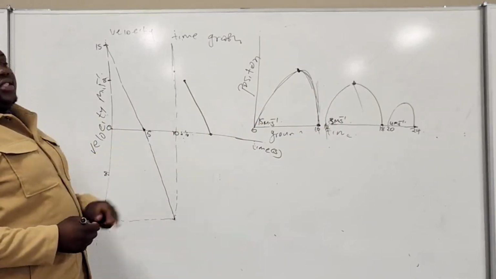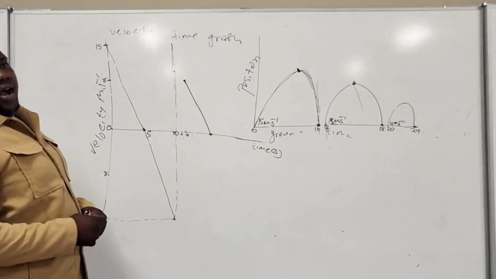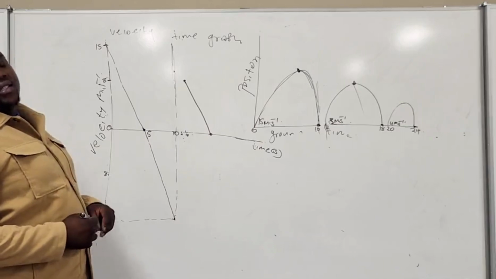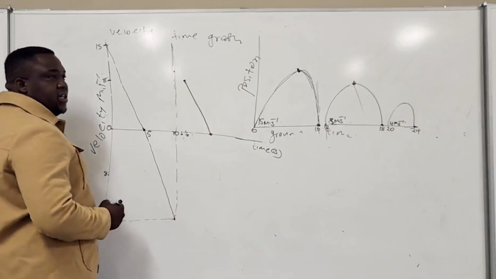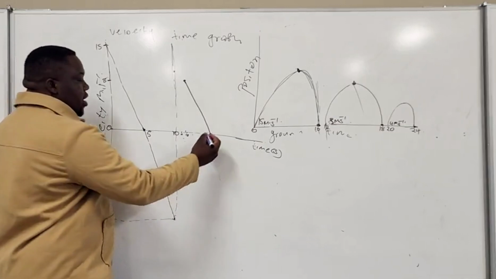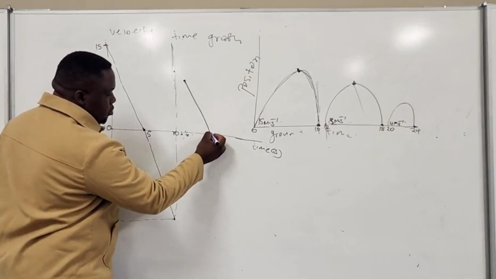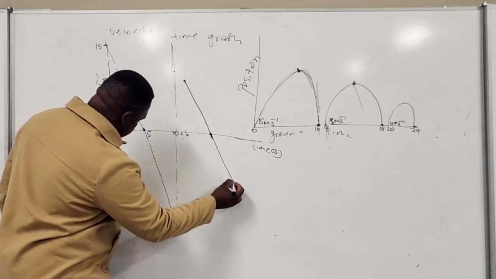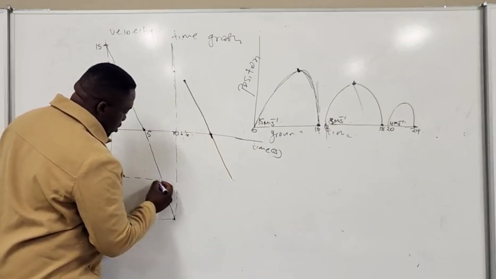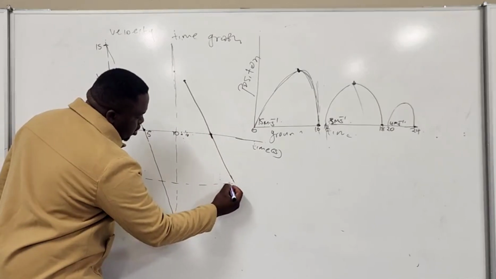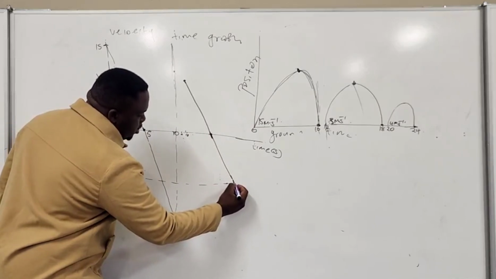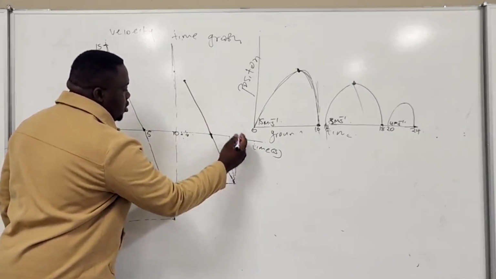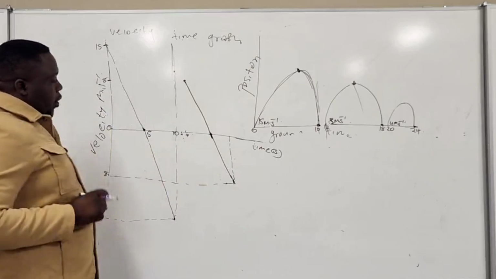That's why the velocity versus time graph will be moving away from the x-axis, because velocity is increasing, until it reaches 8. Then we plot everything.